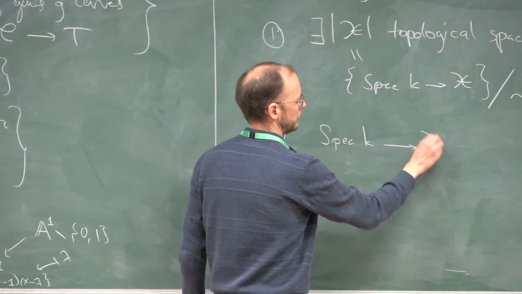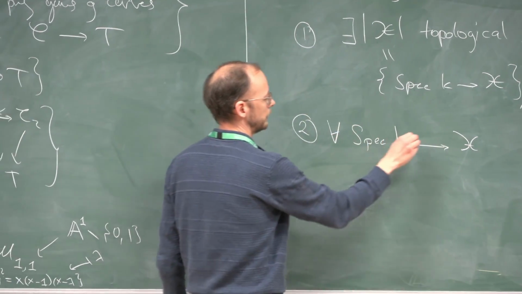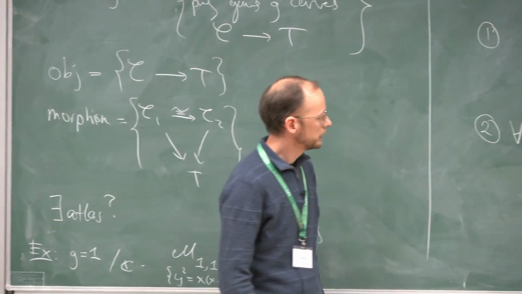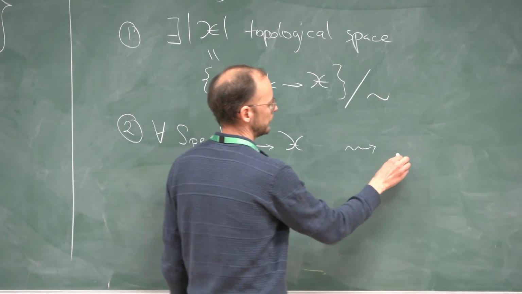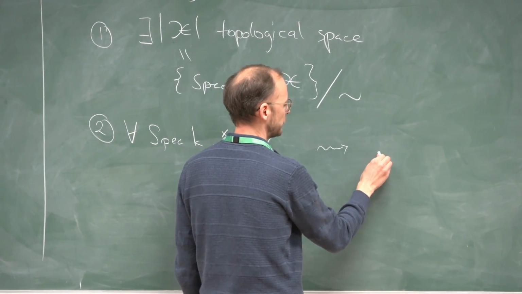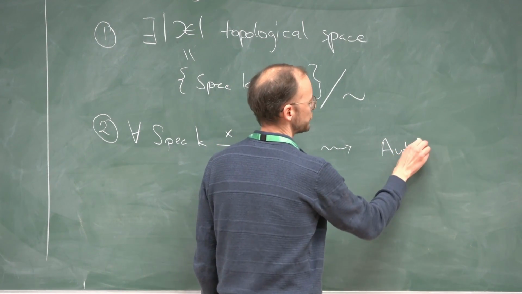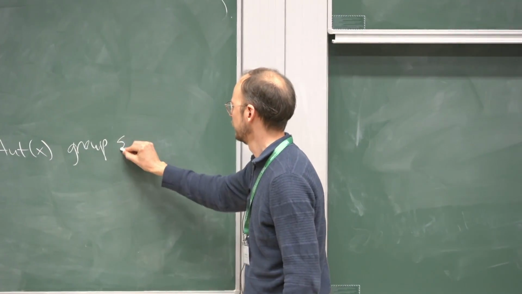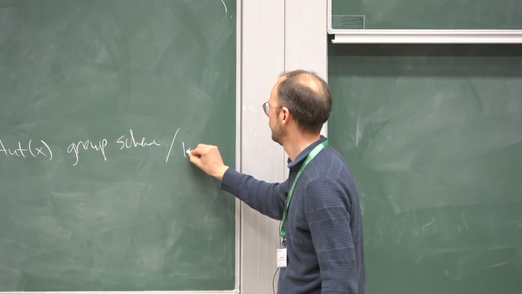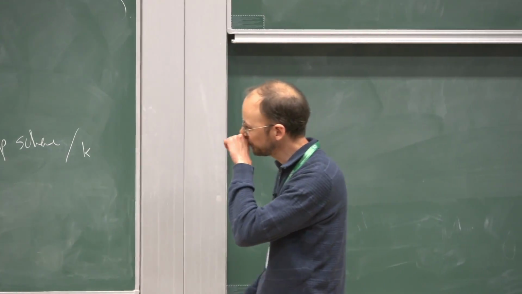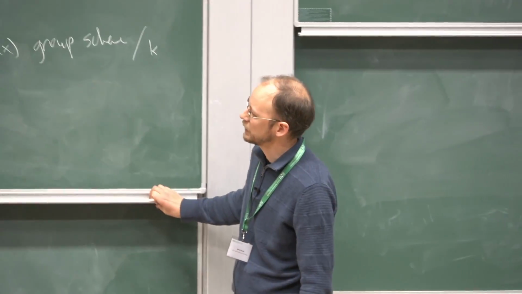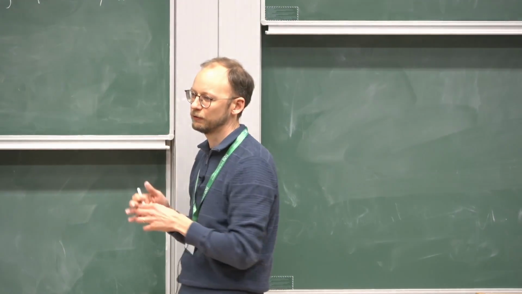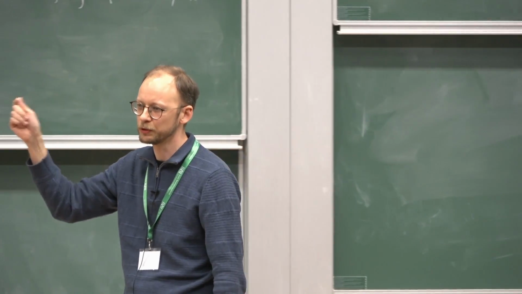So if I pick a point in the sense of a map from Spec K, this gives me what I call the automorphism group scheme of X. So it's a group scheme over Spec K. So as a first approximation, a stack is a space together with roughly a group for every point.